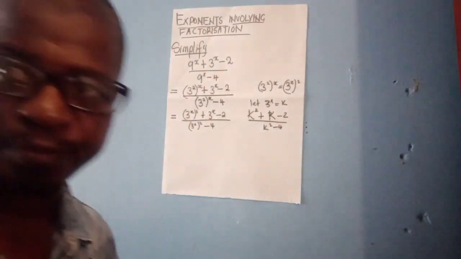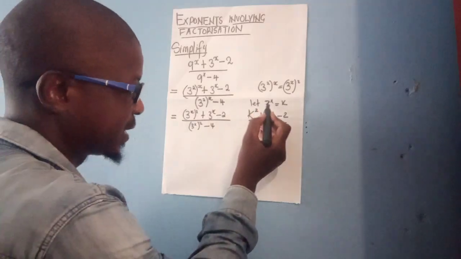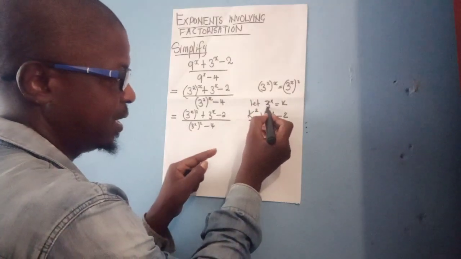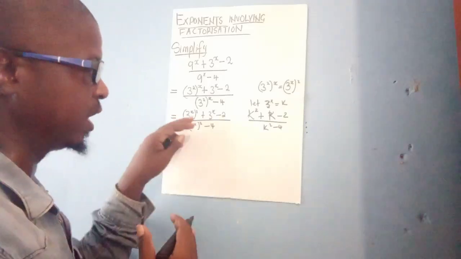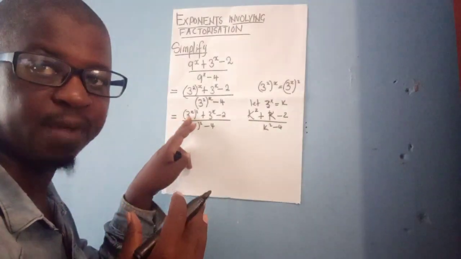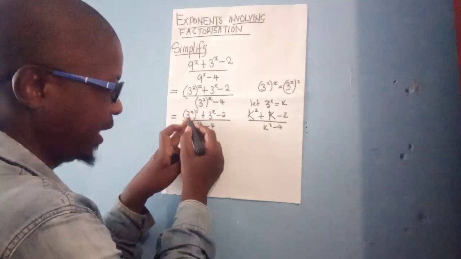I hope you are following me very well. I decided that 3 to the power of x, I just assumed it's a k. So in every place where I have 3 to the power of x, I'm writing a k.